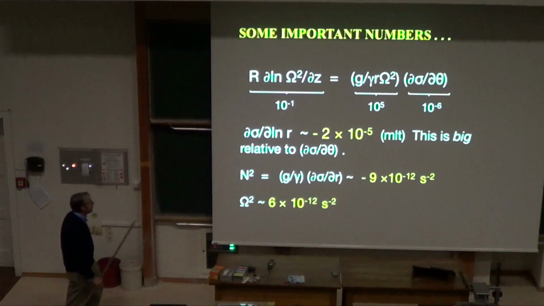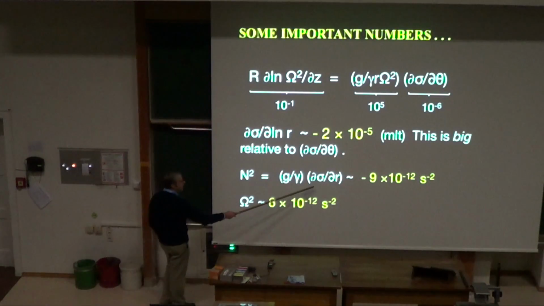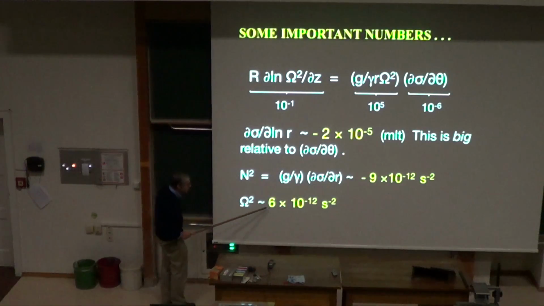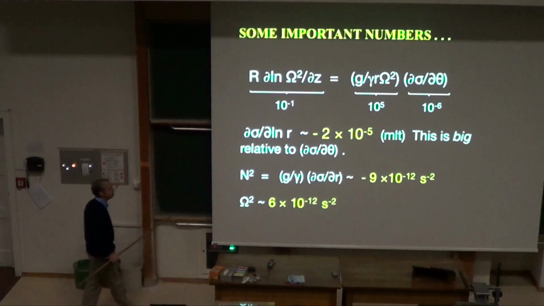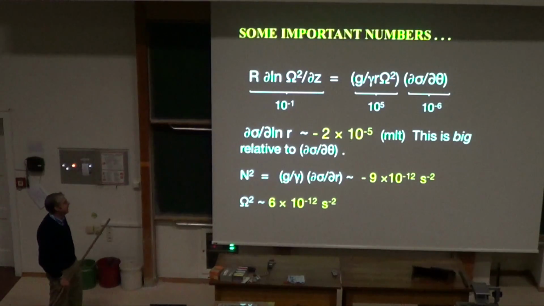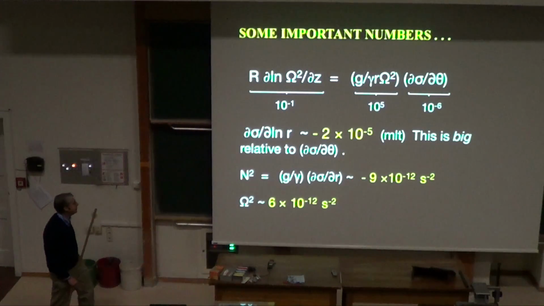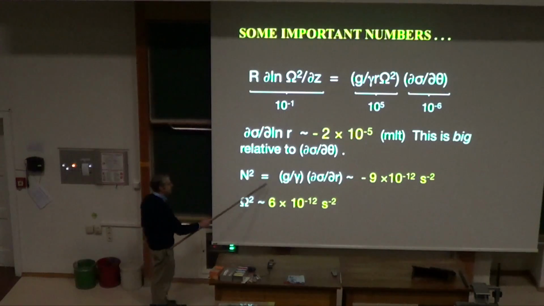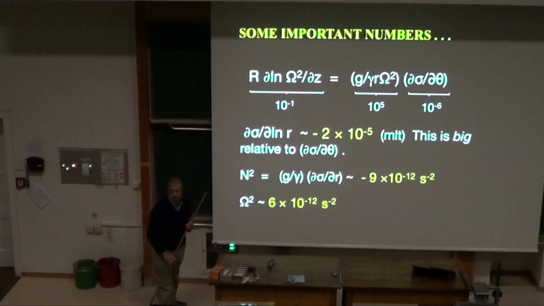And the radial entropy gradient rate, which is this quantity here, compared with omega squared, if I write it in a form where both of these have units of 1/s squared, in the convective zone, these two things are comparable.